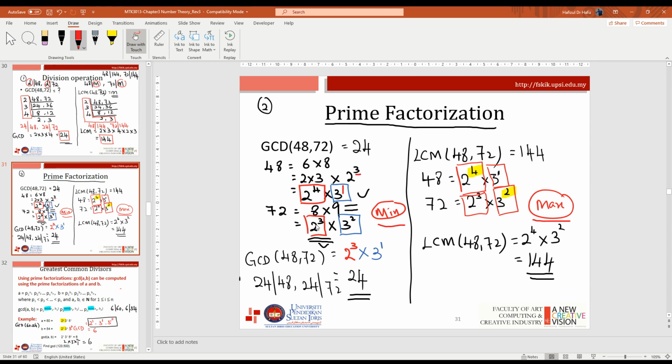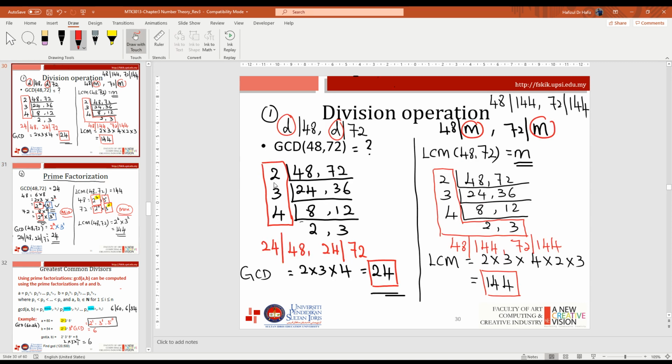Okay, you choose the minimum, 2 power of 3 multiply by 3 power of 1. And then for LCM, least common multiple, you choose the maximum. Okay, 2 power of 4 multiply by 3 power of 1, 2 power of 3 multiply by 3 power of 2, and then you choose maximum 2 power of 4 multiply by 3 power of 2. This one for the ordering.